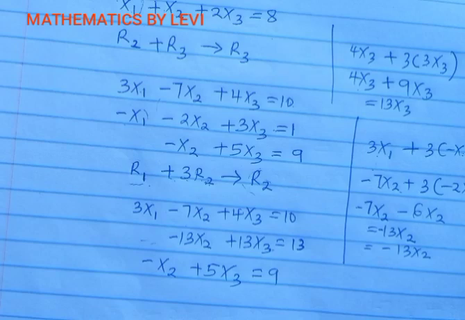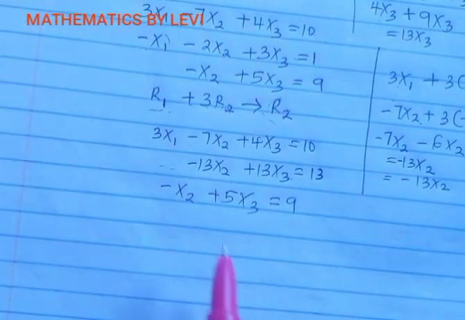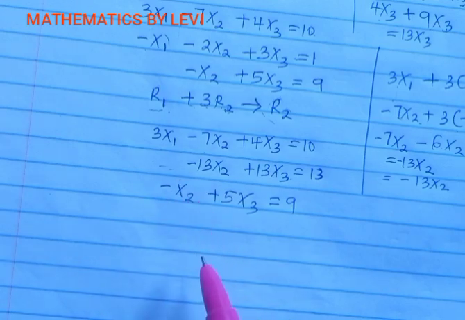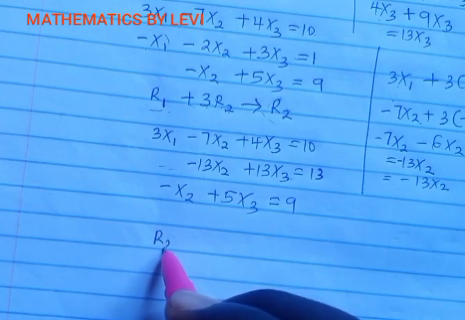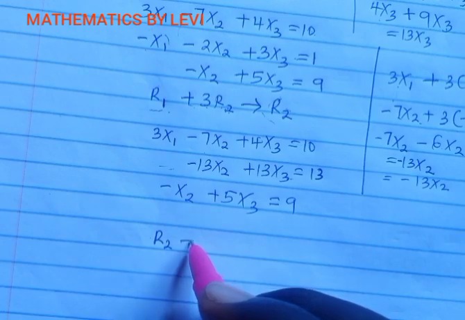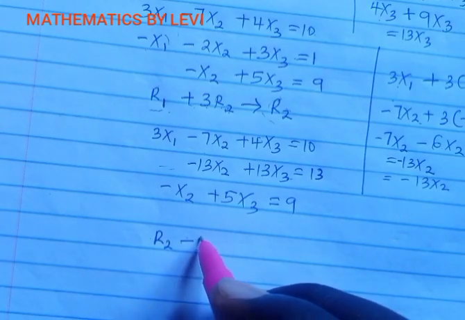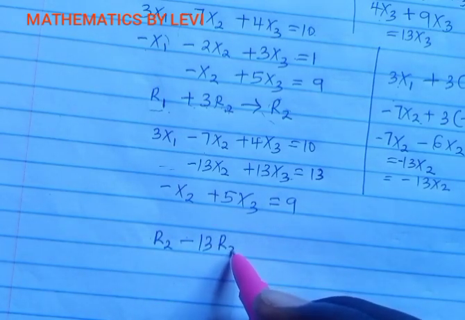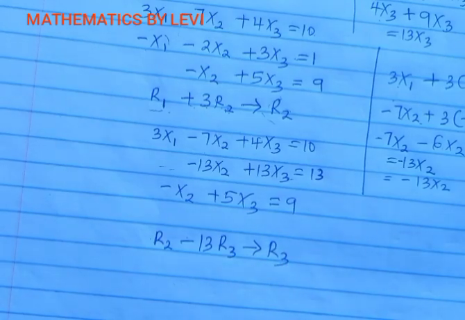Now, another step that we will take to eliminate x2 in our third row is that we shall have row 2 minus 13 row 3, and we shall obtain our new row 3.